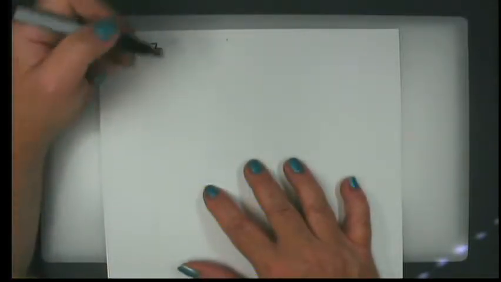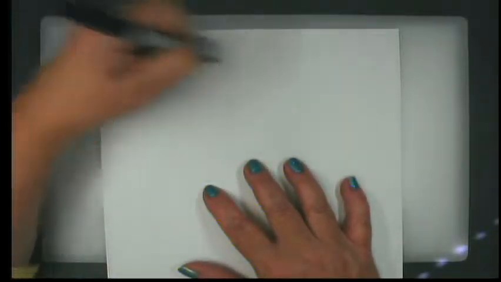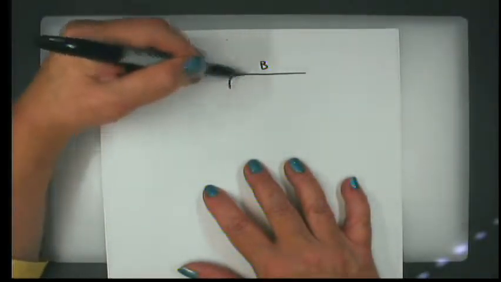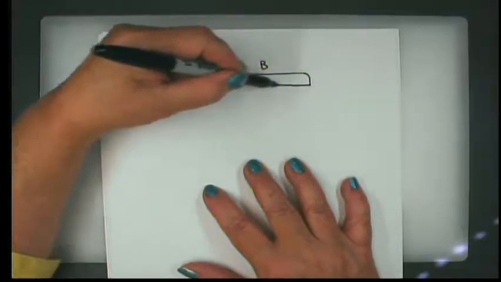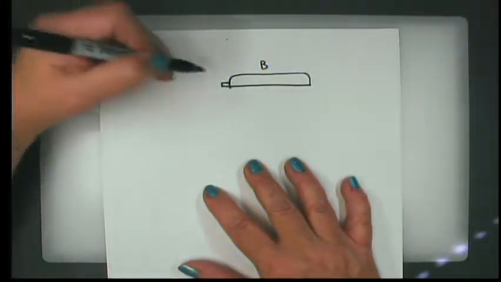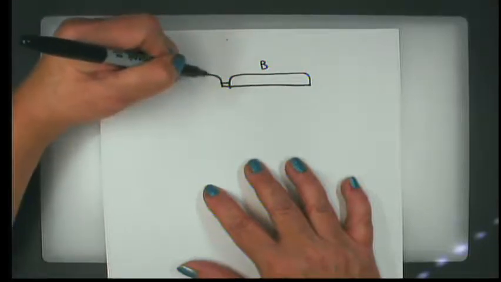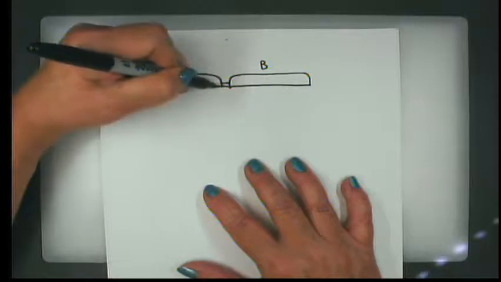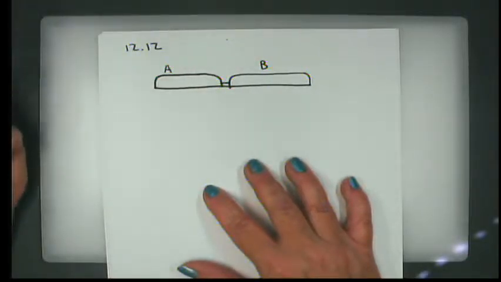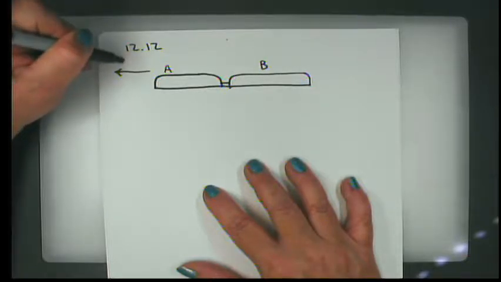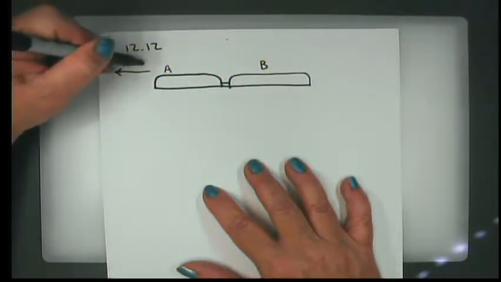So we have car A and car B, and they're coupled together. Now, obviously that's overemphasized. In a real train, that coupling is going to be quite small compared to the way I've drawn it. But we're moving at a speed of 90 kilometers per hour.